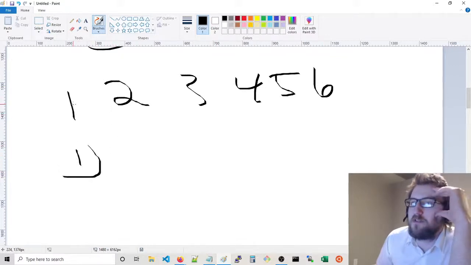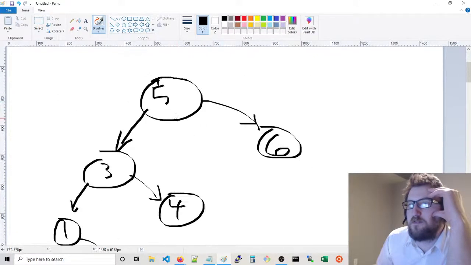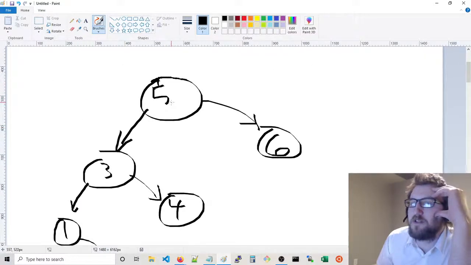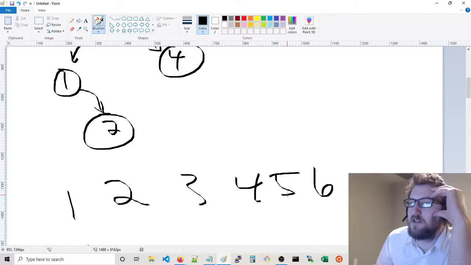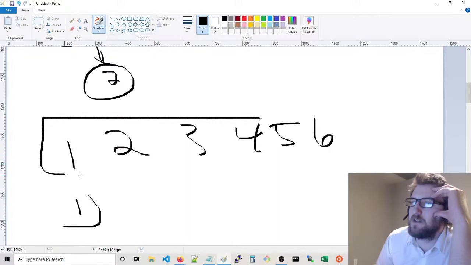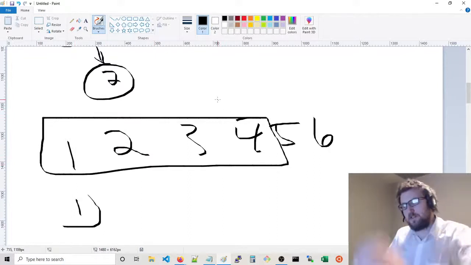If it's 1, what do you do? Guess 1. You guess 5. And that leaves you with paying 5, and you have 6 and 1, 2, 3, 4. And you want to split these in half, I guess.